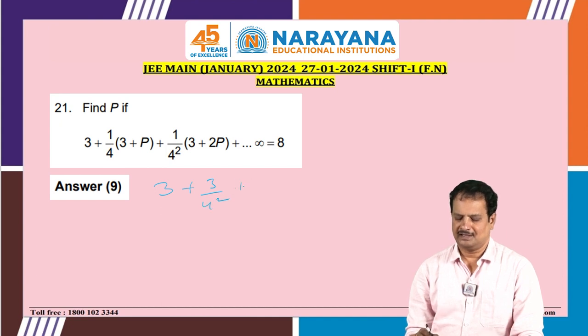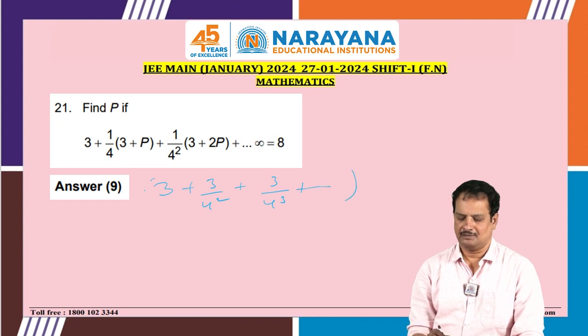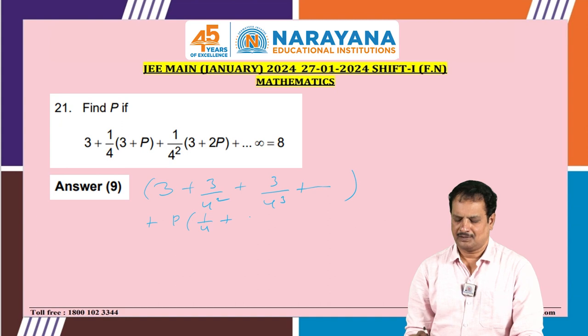And obviously the next one will be 3 by 4 cube and so on. This is one bracket. The next bracket will contain P common. Then it is 1 by 4 plus 2 by 4 square, next one 3 by 4 cube and so on up to infinity. This is equal to 8.